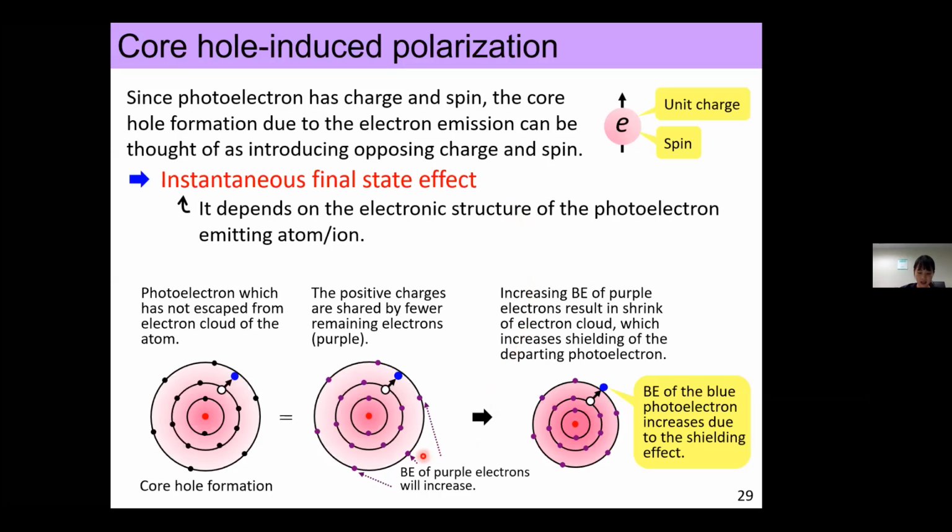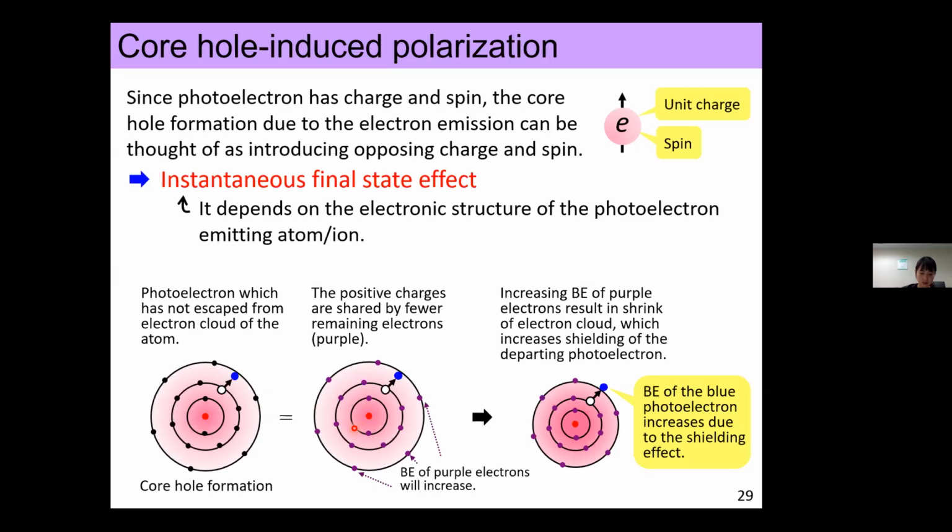Here, I illustrated core hole-induced polarization. So, right after the photoelectron departs from its original orbit, a core hole is produced in the orbit. At this state, positive charges of the nucleus are shared by fewer remaining electrons.